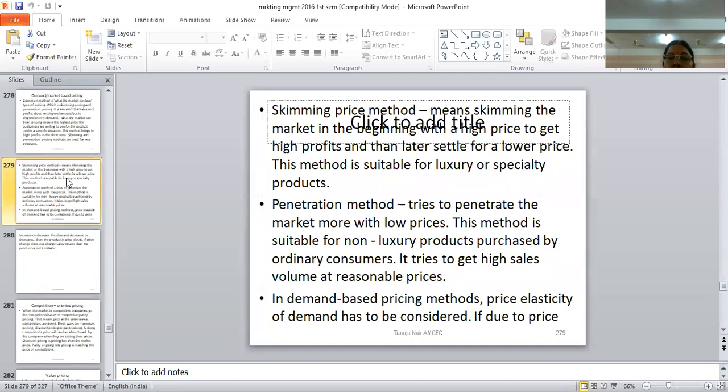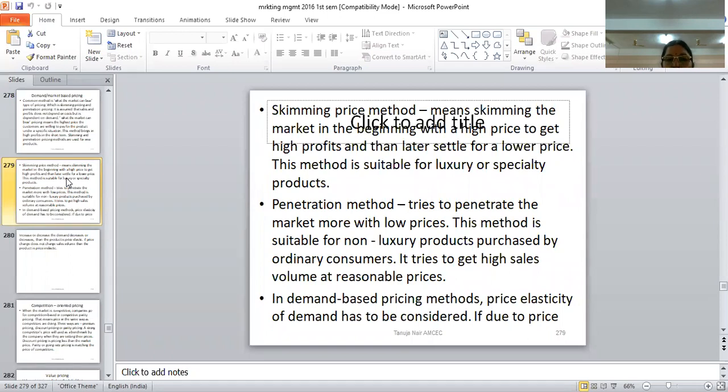It is used to get very high profits. The company wants to get very high profits in the beginning itself. So that is why they introduce the product at a very high price into the market. That is known as the skimming price method. And then later on, after a few months, the price of the product falls down.